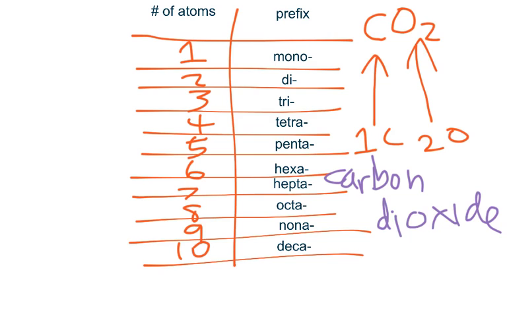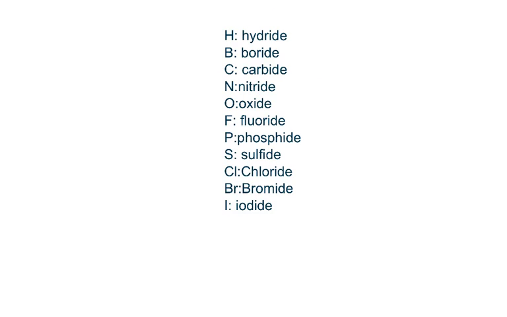Now, I forgot to tell you one very important rule. For our second element, you will change the ending so that it has an "ide." What do I mean by that? Well, oxygen will become oxide. So, let's take a look at a list of the element names converted into their "ide" form.